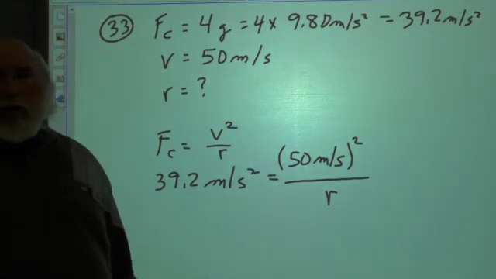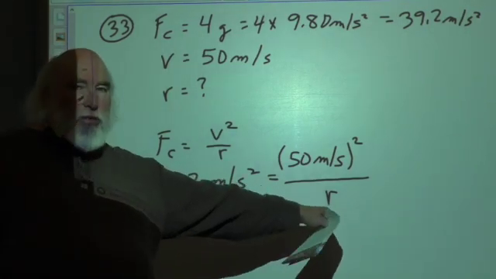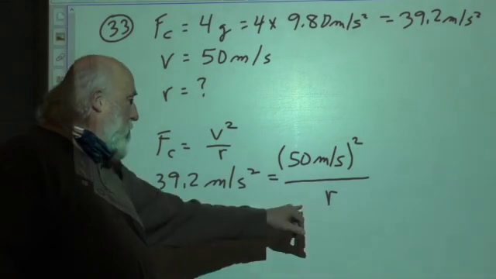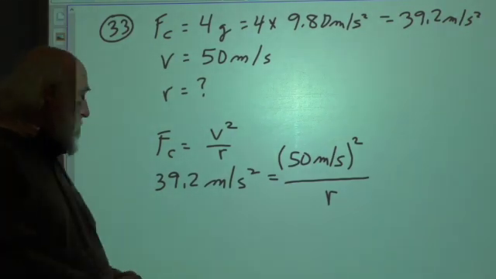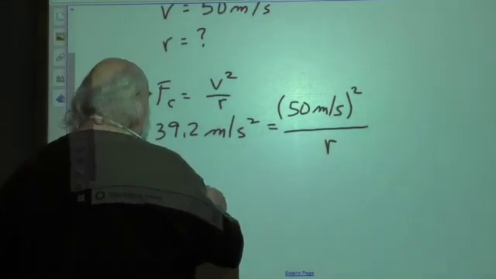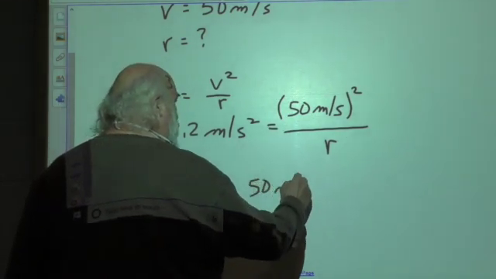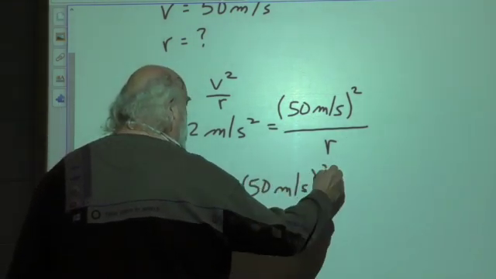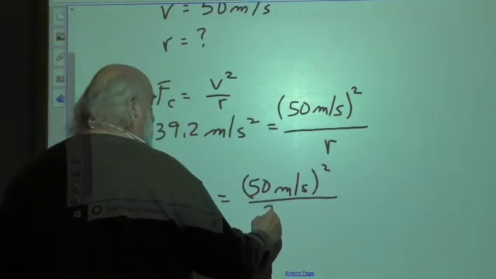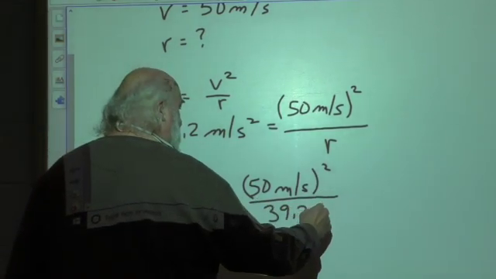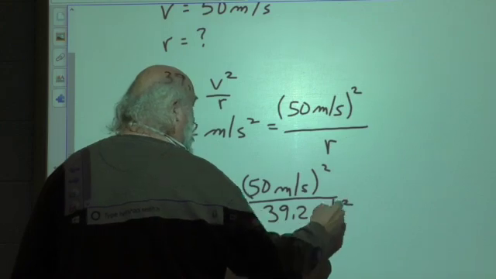And again, in algebra, when you have a variable in the denominator, you simply flip these two in this equation. So this becomes r is equal to 50 meters per second quantity squared over 39.2 meters per second squared.